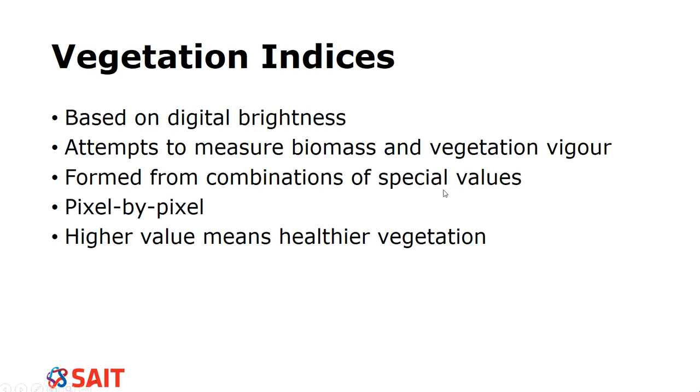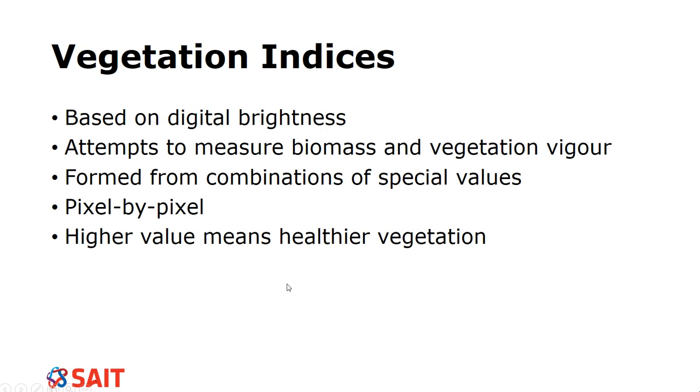So we're going to look at the information in many different ways that comes from one single satellite image, looking at all the different bands at the same time, or just a single band, using each band one at a time. Some of these look at one pixel at a time. Some of them look at the whole image all at one time. But the indices themselves are pixel by pixel.